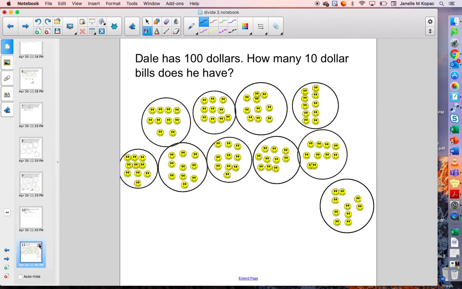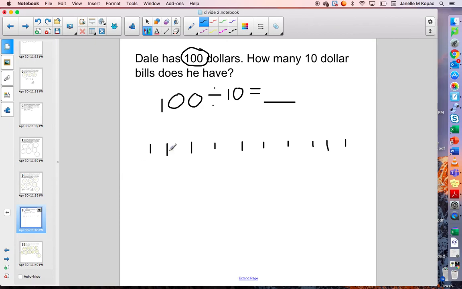Here is an equal groups picture where I made 10 groups and I split 100 happy faces between the groups. And you can see that there are 10 happy faces in each group. So 100 divided by 10 equals 10. And if you use skip counting to help you, you would have to skip count 10 times.